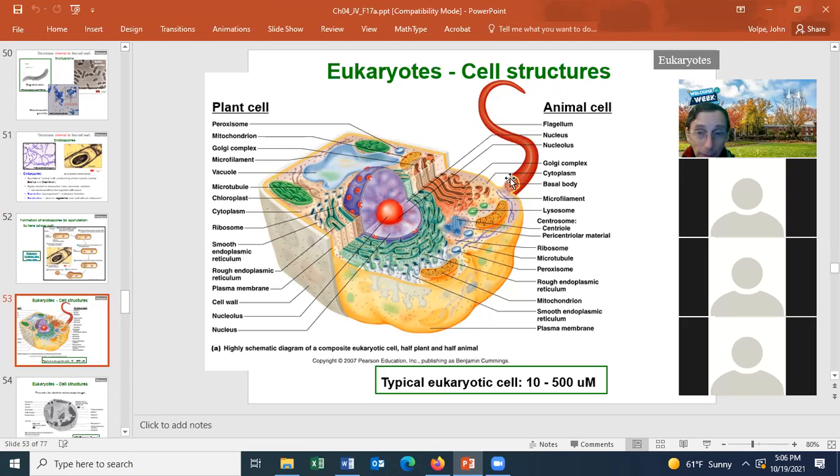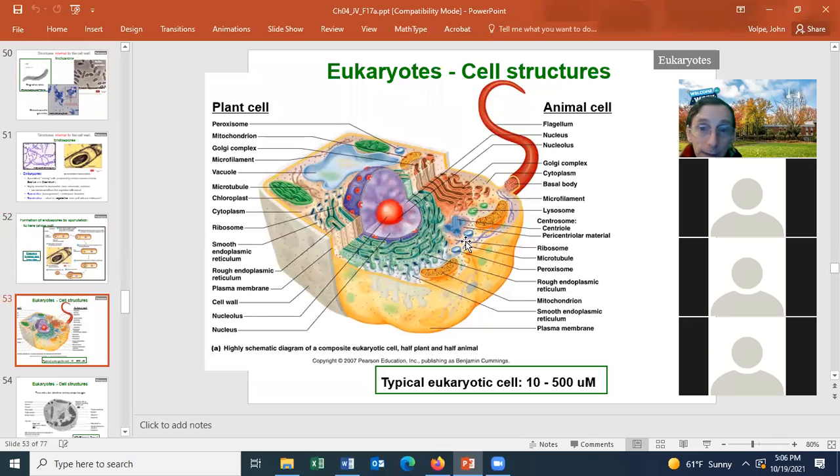And as you remember, only a few animal cells have flagellum. And flagellum isn't unique to eukaryotes. If a prokaryote moves, it has at least one flagella. But the Golgi apparatus and the nucleus are in both plant and animal cells.